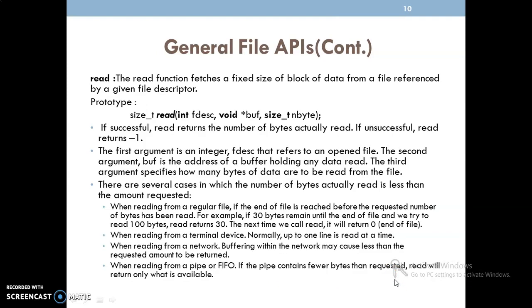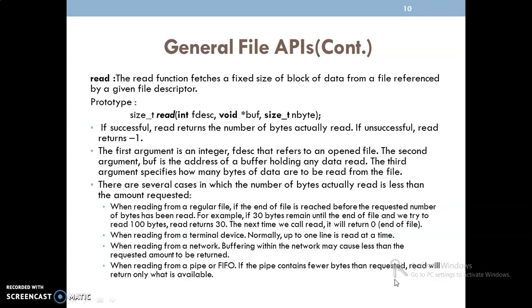Next, the read API. As the name indicates, we read the contents of the file, which means a fixed size of data is read from a particular file based on the file descriptor. This is the prototype.